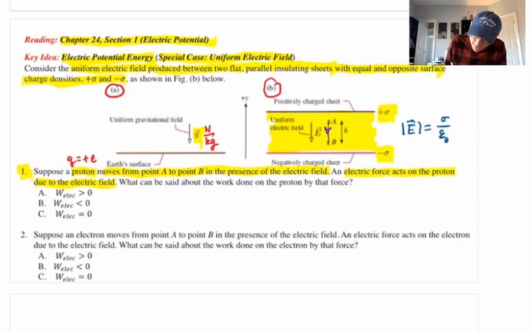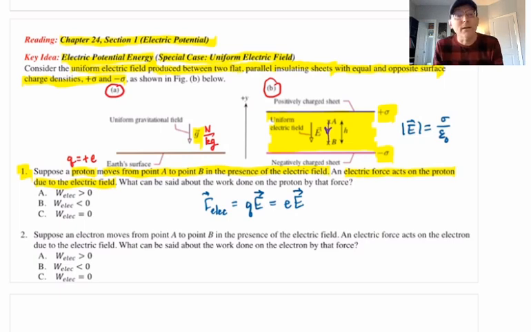Remember our old friend? If I immerse a particle of charge Q in an electrostatic field E, the force on the particle will be Q times E. And Q in this case is little e for a proton. So little e times big E. And big E is down, so F electric is down, on the proton that I'm talking about.